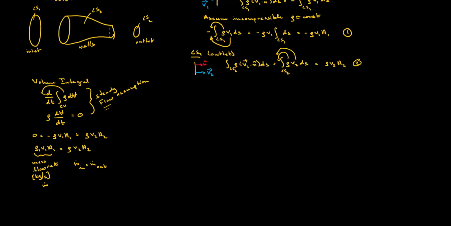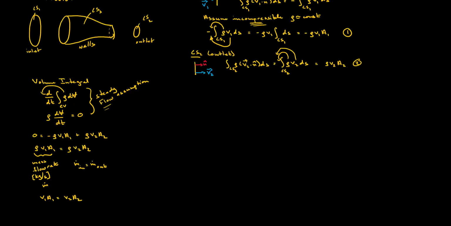Now, we've said that the density is more or less constant throughout. We have an incompressible flow, we've set it up here. For an incompressible flow, the density at the inlet will be equal to the density at the outlet. So we can also state that V1 A1 is equal to V2 A2. We can cancel out the density on both sides, so we're left with V1 A1 is equal to V2 A2.